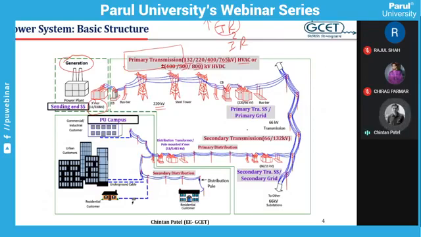At the end of the primary transmission level, there will be a substation in which the voltage is further stepped down, from 220 kV to 66 kV in this case. After stepping down the voltage to 66 kV, another transmission line of 66 kV starts.